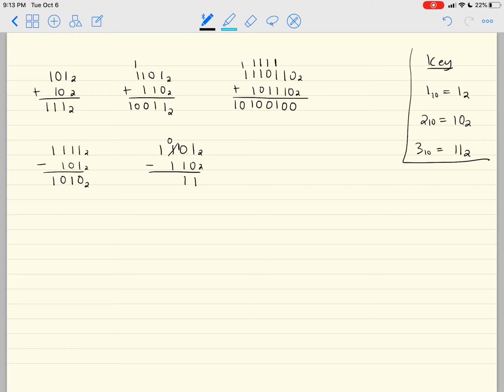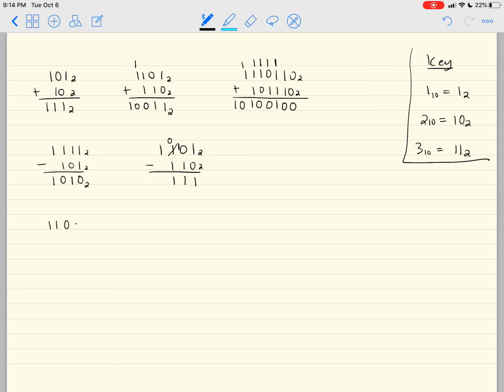I can't do 0 minus 1, but it's easier to just say that I'm doing 10 minus 1 and take both remaining digits at once. 10 minus 1 is 1, because 10 is really 2. What did I do wrong? Nothing. I wrote wrong in my answer key. Yep, that looks right.